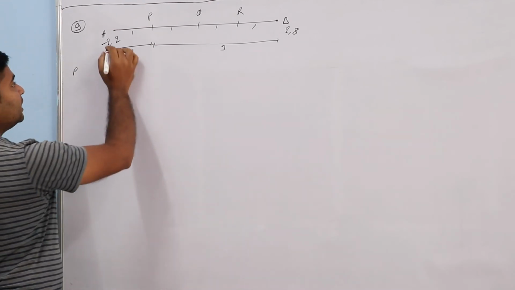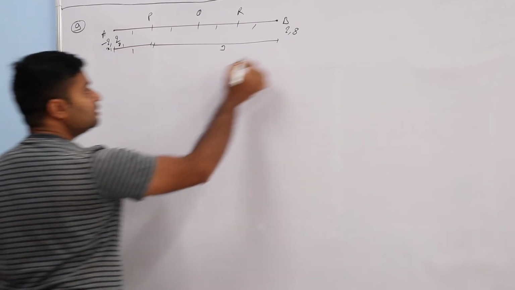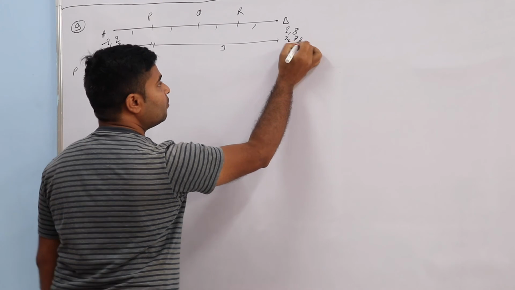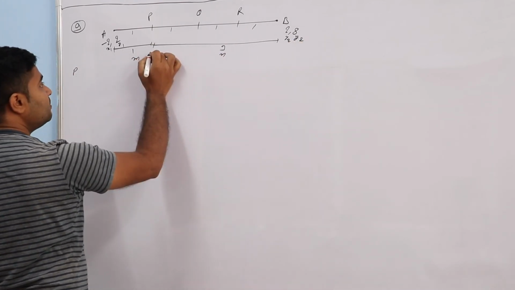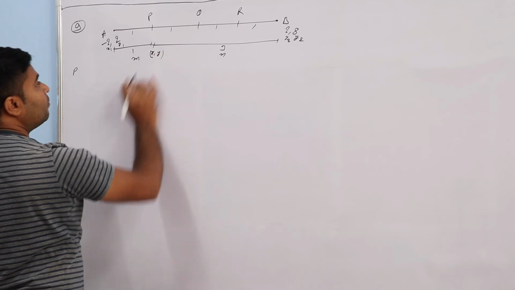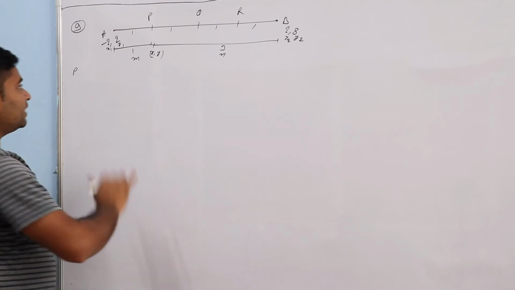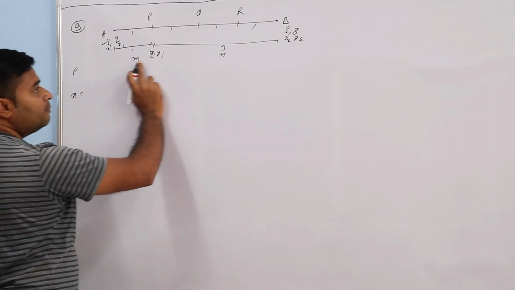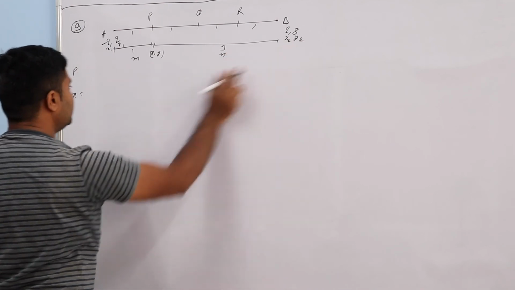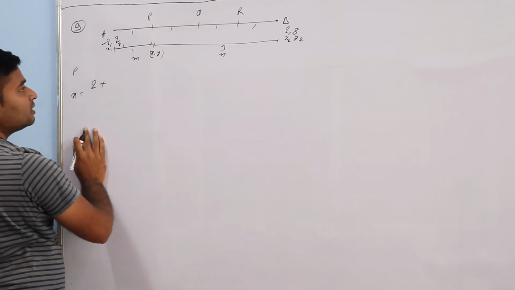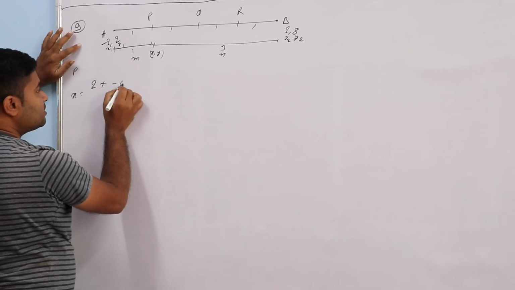Coordinate of P. Here x1, y1, x2, y2, this is m, n, and assume P is x comma y. Just find the x coordinate. So m x2, 1 into 2 is 2, plus n x1, 3 into minus 2 is minus 6.